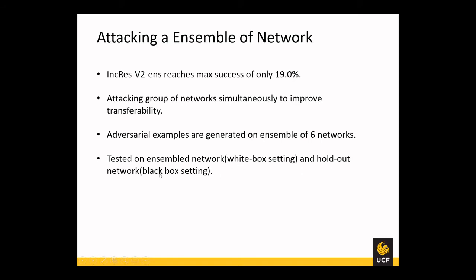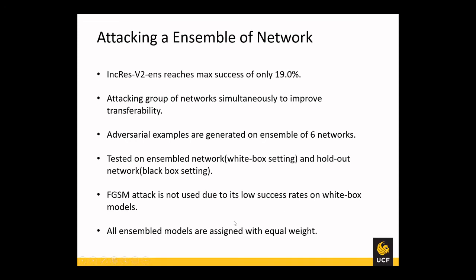And if you see a holdout network, that basically means it's a black box setting. They have not used the FGSM attack because it generated very low success rate on white box models itself. And all the ensembled models, all the 6 networks, were given equal weights and equal priority.